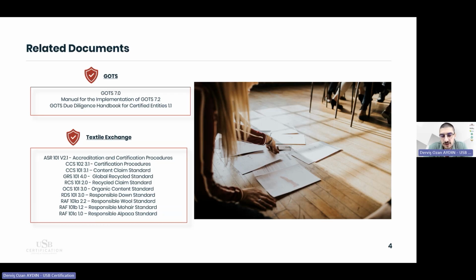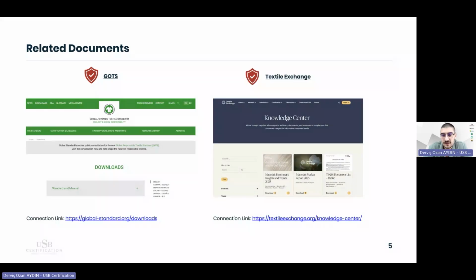But for Textile Exchange, they shared different documents for each of the standards, a certification procedure document, and also the accreditation certification procedures. You can find these documents from the Textile Exchange Knowledge Center by going to the link below for Textile Exchange, and also the GOTS Download Center. You can download the related documents from these places anytime.